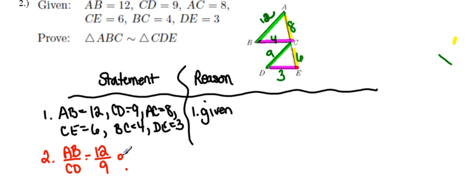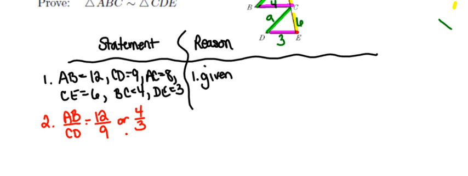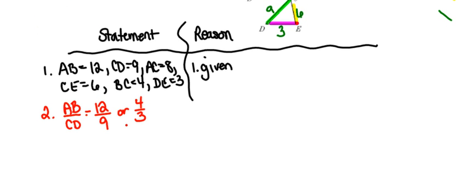Twelve to 9, when I simplify or reduce, these will both divide by 3. Next, I'm going to compare the middle sides. These numbers will both divide by 2.